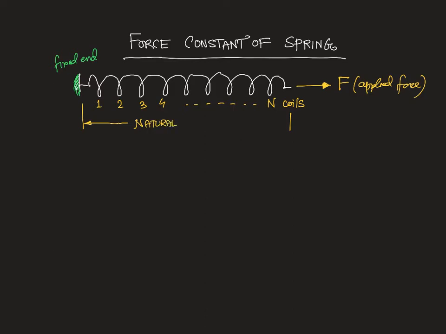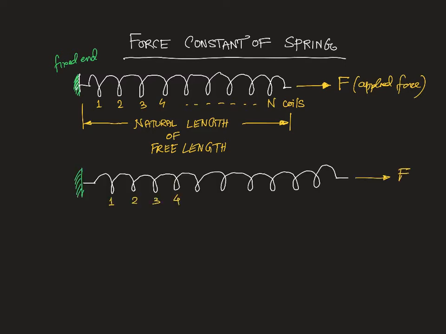That means when no force is applied, the length of the spring is the natural length, or it is also known as the free length. Now, here just the force has started to act. Now, after some time, the spring will increase in length, and let's see what happens then.